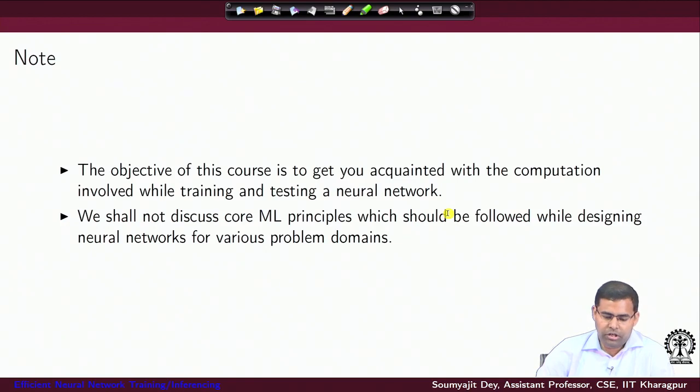Now, what is the objective in our case? Again, we will try to focus on that. We are not going into the deep theory of neural networks. Rather, we are trying to focus on what is the exact computation involved while training and testing a neural network. Of course, we are not going to discuss core ML principles that need to be followed.